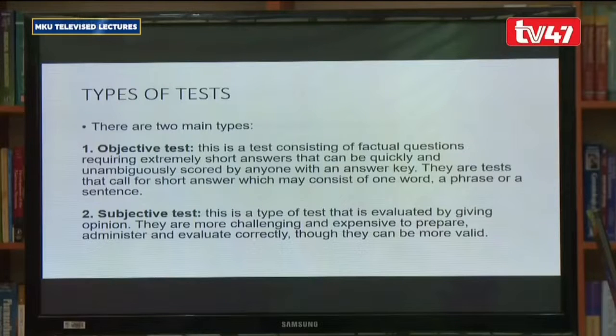For the subjective tests, this is a type of test that is evaluated by giving opinion. In other words, by the learner explaining, using their own language, and giving their own thoughts or opinion about what they have been asked in that question or item.